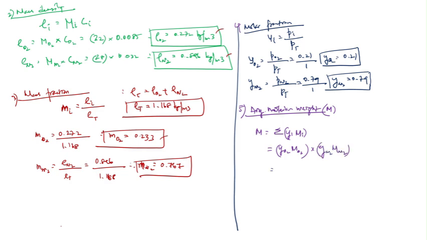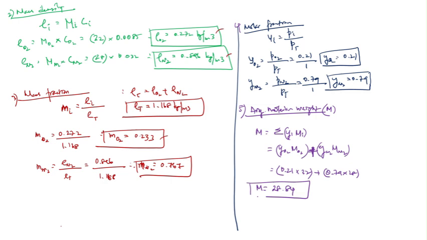Y represents the mole fraction. So there is 0.21 times the molecular weight of oxygen, which is 32, plus 0.79 times 28. After substituting the values, we are getting the average molecular weight equal to 28.84.